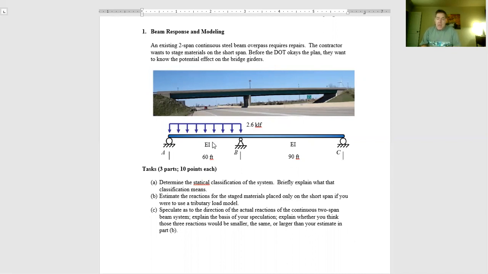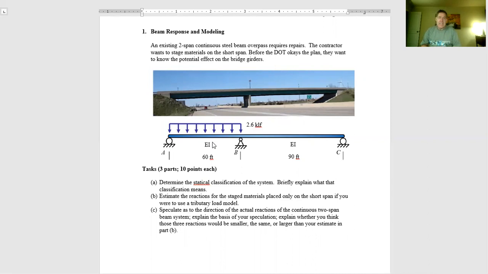And that's what we are after in part C: if it is continuous all the way through with these loads, now what do we think happens? Imagine you place the load there on span AB, that's going to want to make that part of the beam sag into a smiley face.